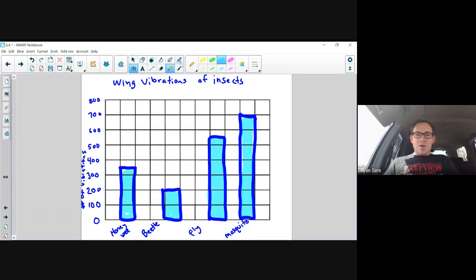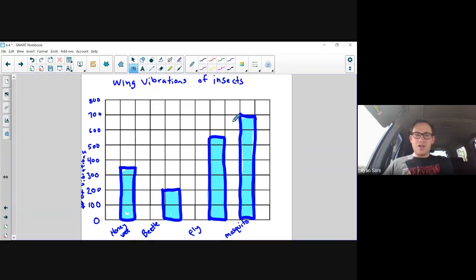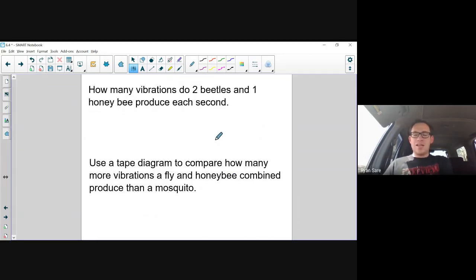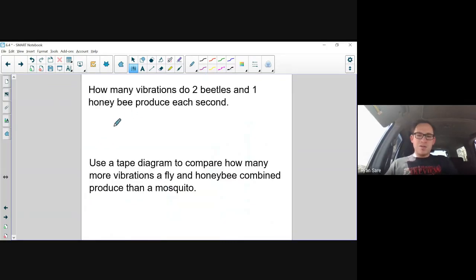And we're going to be answering some questions about it. So let's go ahead and look at our first question. How many vibrations do 2 beetles and 1 honeybee produce each second? So the beetles was 200, but we want 2 beetles. So 2, oh, I still have a thick marker.